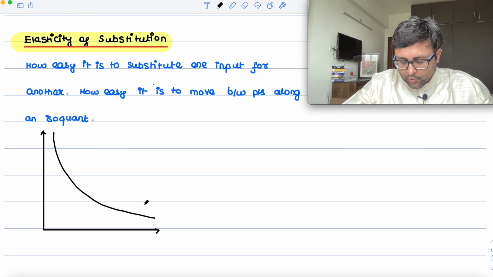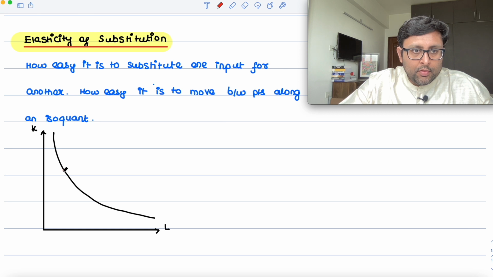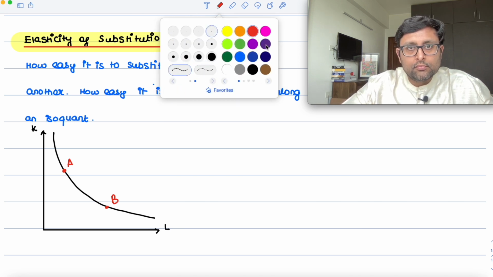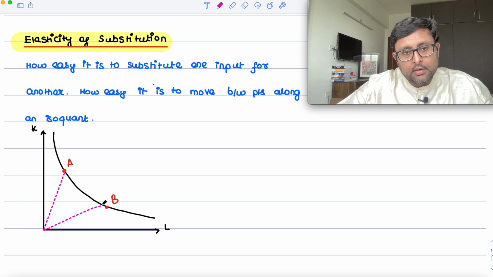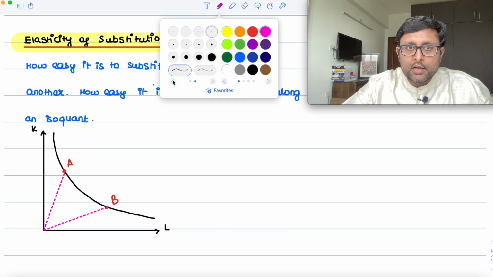So you have an isoquant like this, and you have labor, you have capital. And let's say you're sitting at point A, and here you are sitting at point B. Beta, this is going to give you the amount of labor and capital input which you are going to use.